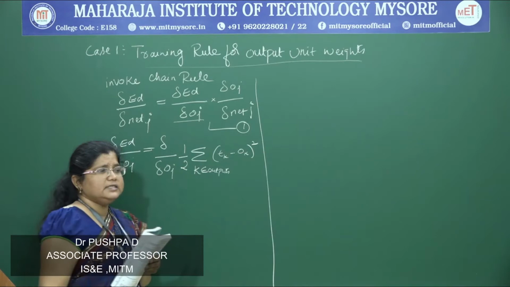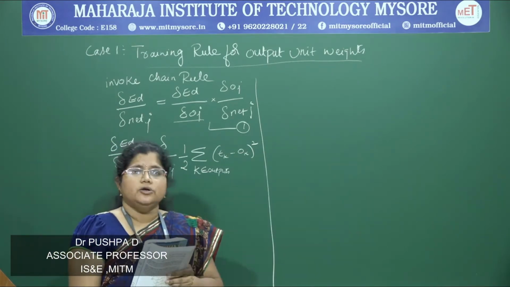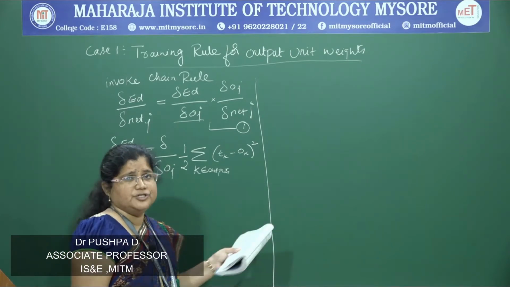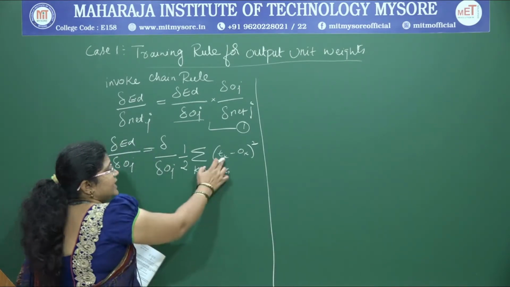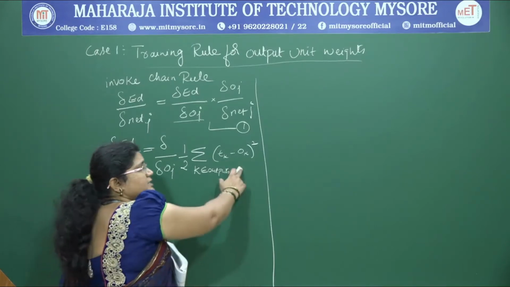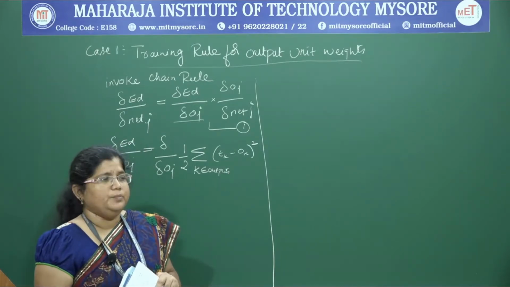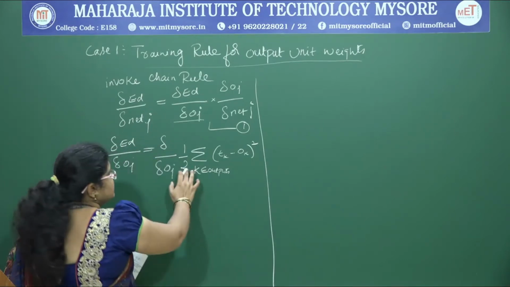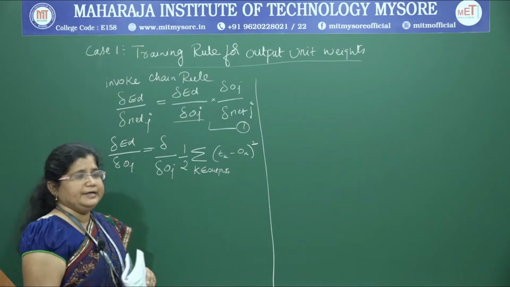In a previous class I explained the notations considered in this derivation. Here tk is the target output of the kth unit and ok is the output value obtained or predicted by the network. E indicates the error.